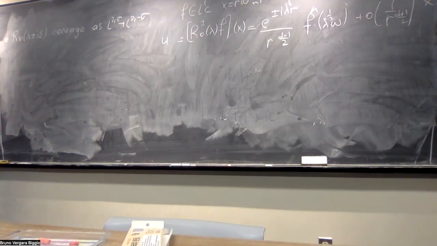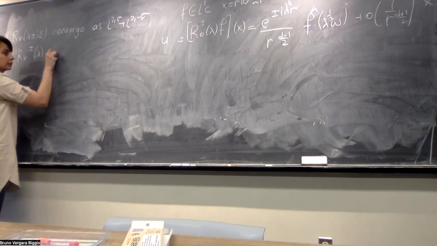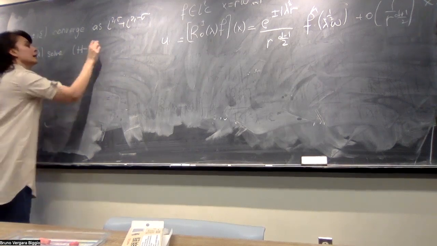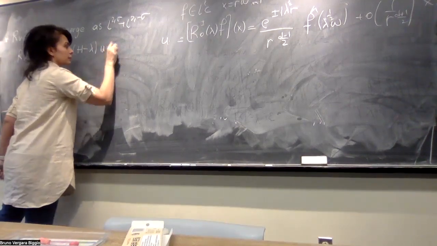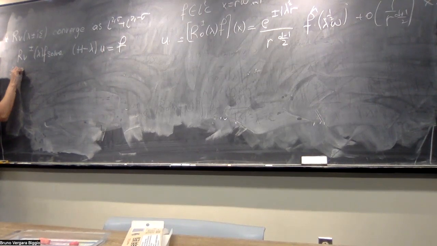And again, the limits, which I'm going to represent as R_V plus and minus lambda, are going to solve this: (H minus lambda) U equals F, where F is in the space. Okay, did I miss anything?